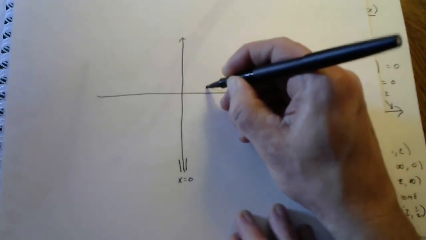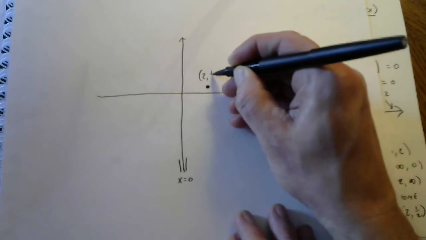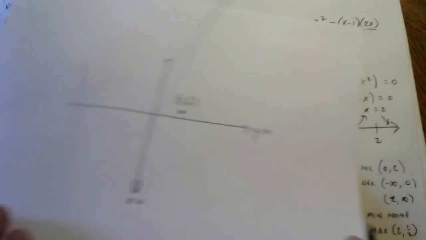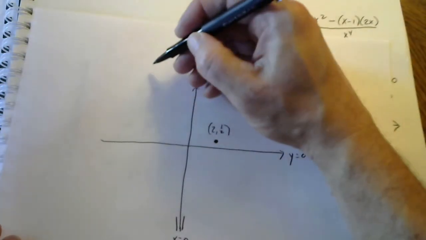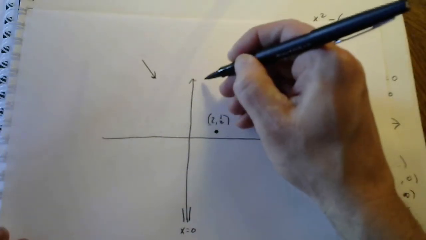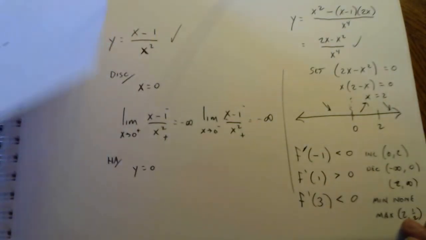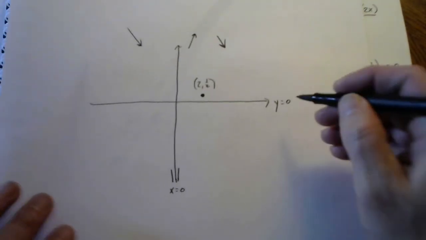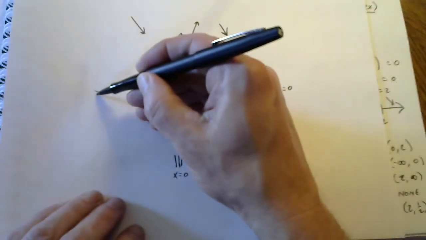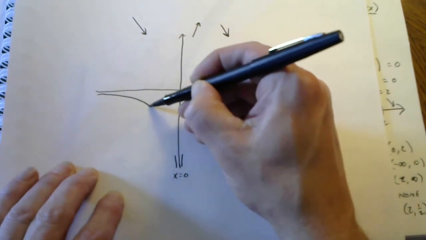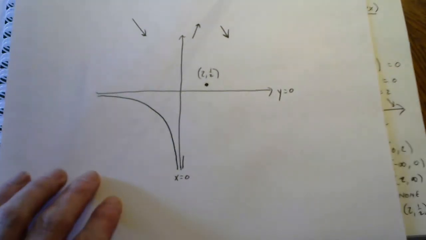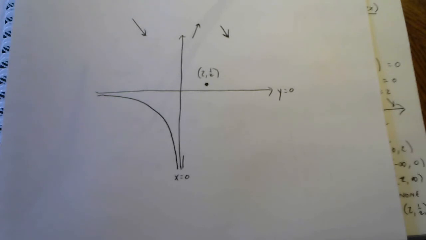So I'm going to locate that point. I'll call it there, and I'm going to label it. And I'm going to do this again. I think this is useful for you to see. Oh, I forgot to put my asymptotes right here. Okay, so this is what we thought it would be. This one's a little different.